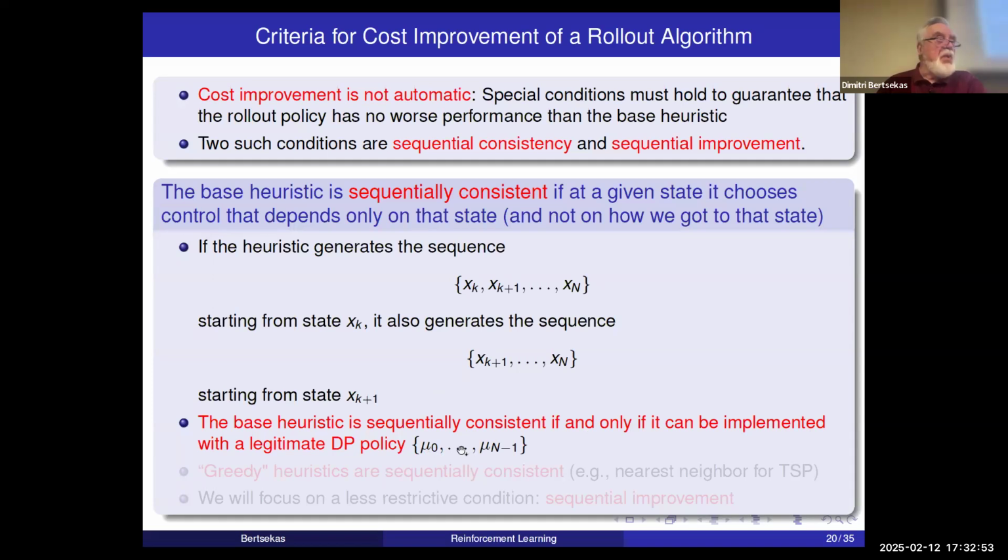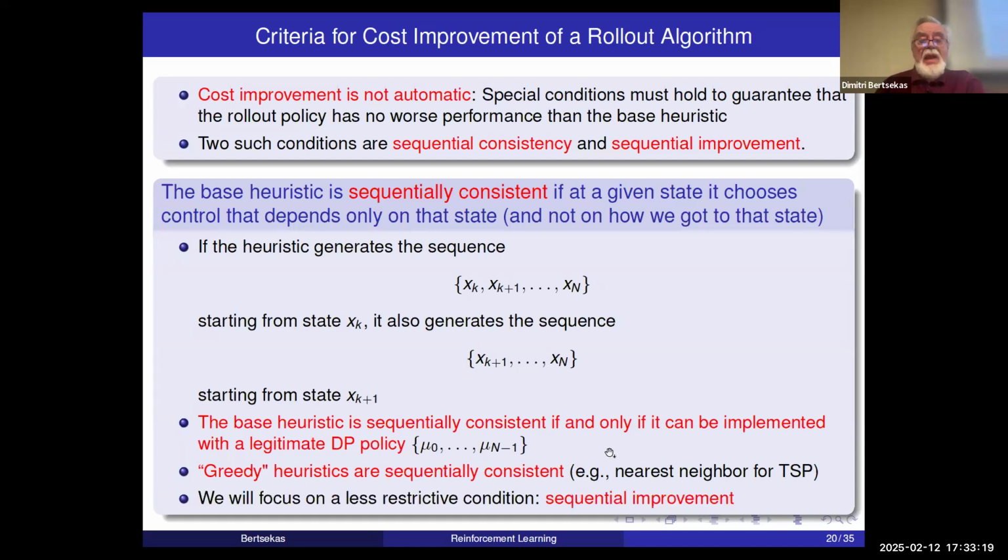Remember, each one of these mu k looks at just xk, not at previous values of the state. Greedy heuristics, like the nearest neighbor heuristic, or the heuristic we gave for the multi-vehicle routing problem, are sequentially consistent by their nature.